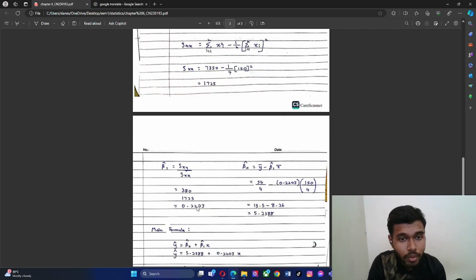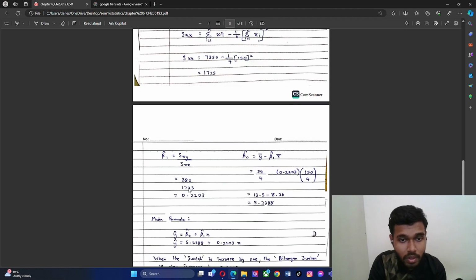After that, we have to calculate beta 1. The formula for beta 1 is Sxy over Sxx, which is 380 divided by 1725. This answer is given in the data above, and the answer is 0.2203. The formula for beta 0 is y bar minus beta 1 times x bar.